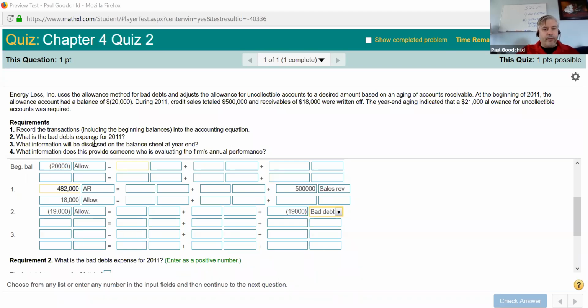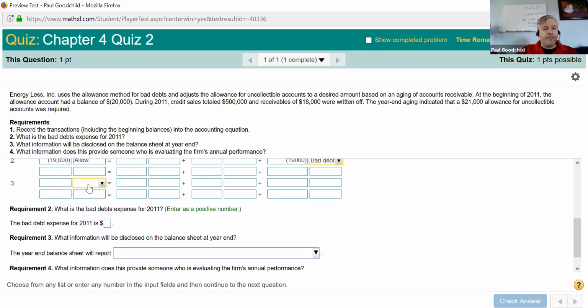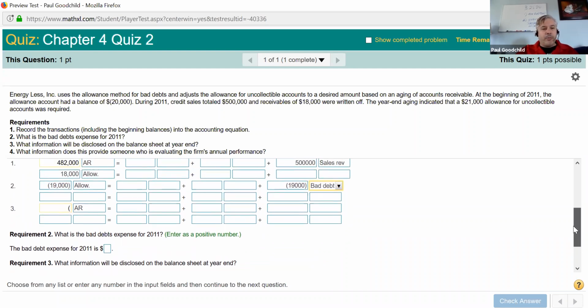So number 3, what information will be disclosed on the balance sheet at year end? So you'll have accounts receivable and they're going to be net. And so you have a $21,000 balance.